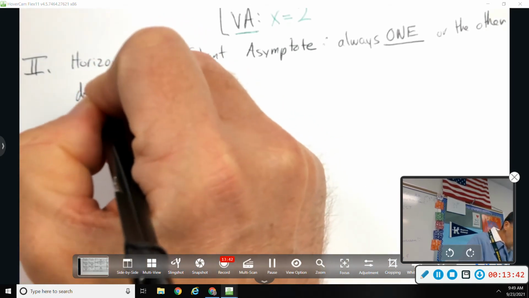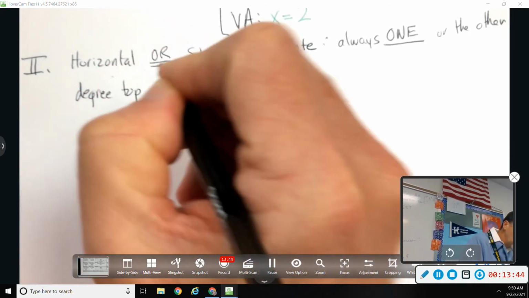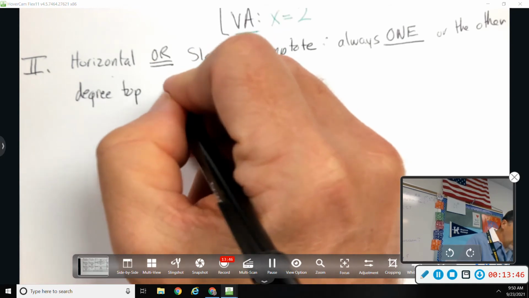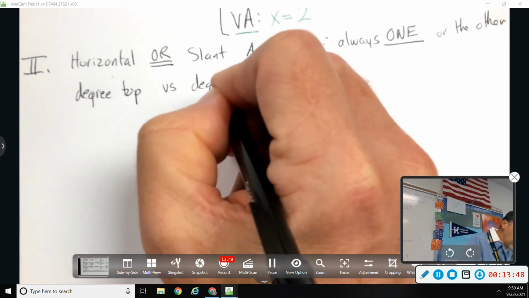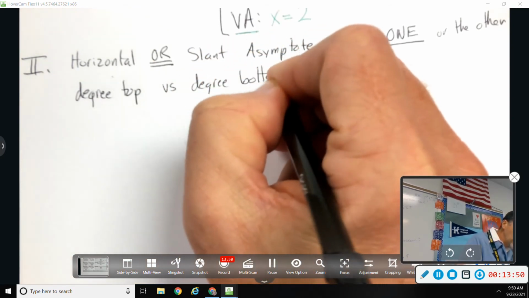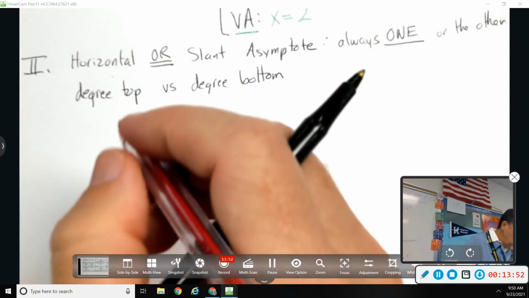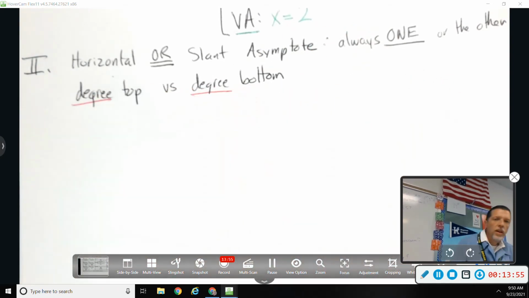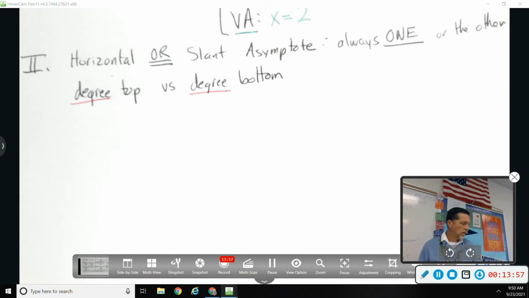For these, we're going to look at the degree of the top versus the degree of the bottom. What's the degree?